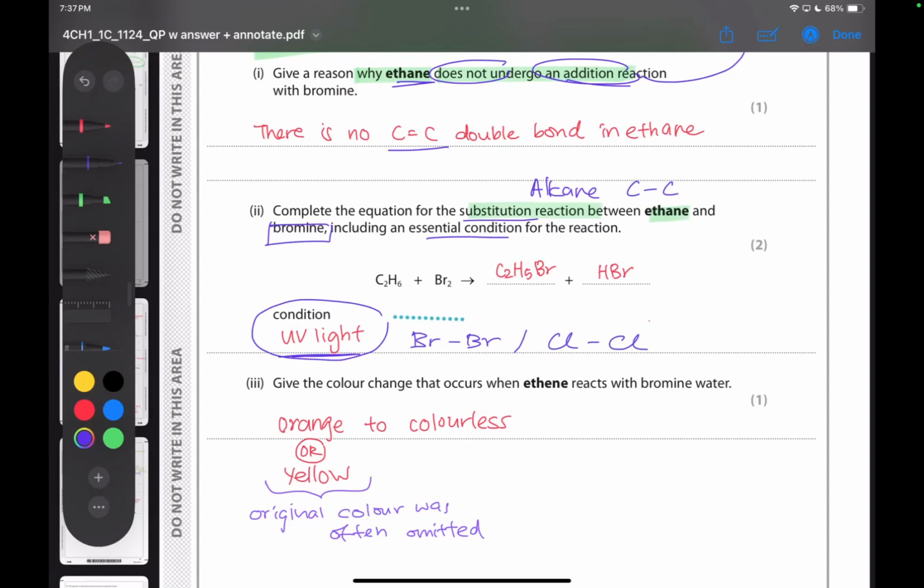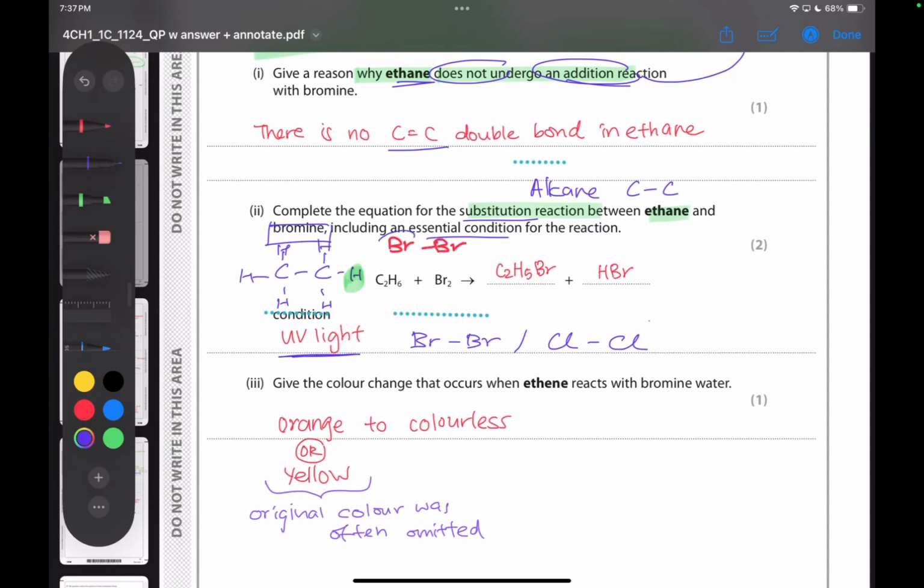So how does this work then? If I were to draw out this C2H6 molecule, and my hydrogen is here, I'm just going to focus on one hydrogen at a time. I also have a Br, bromine, that can be broken off.